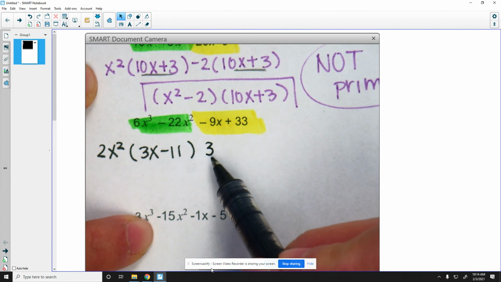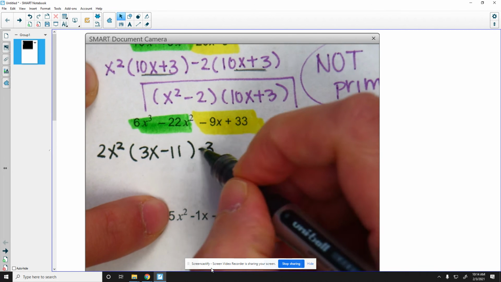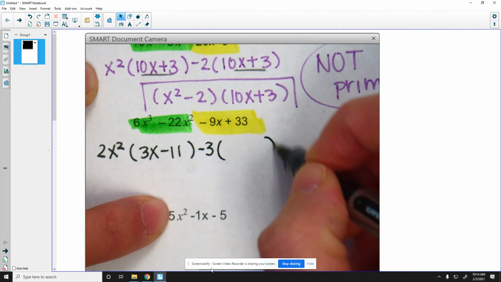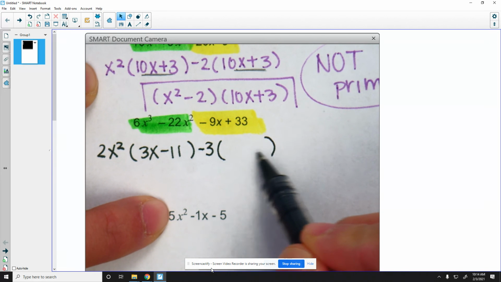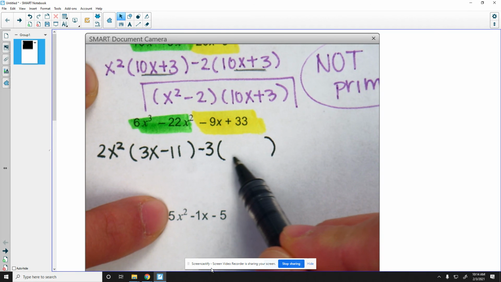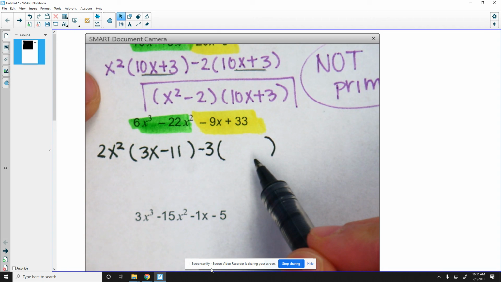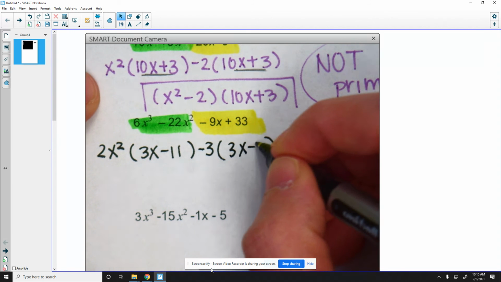But remember, it's not just 3, it's a negative because it starts with a minus. Okay, somebody else online, what do I have left over on the inside? 3x minus 11.